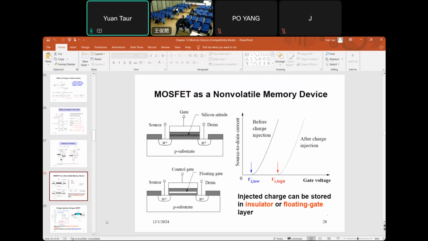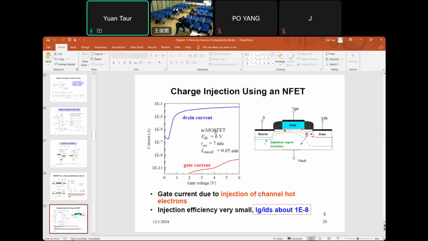Next, how do we get the charge into the floating gate or the gate insulator? That's the so-called charge injection. There are a few different ways to do it. First we consider channel hot electron, shown here.